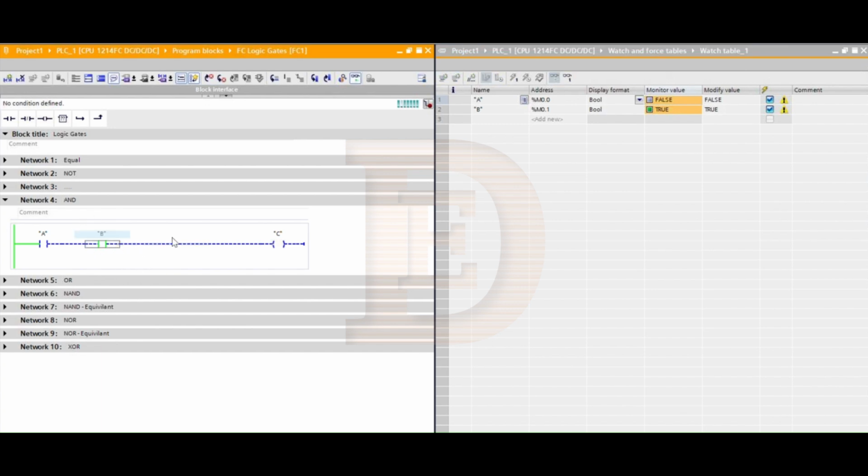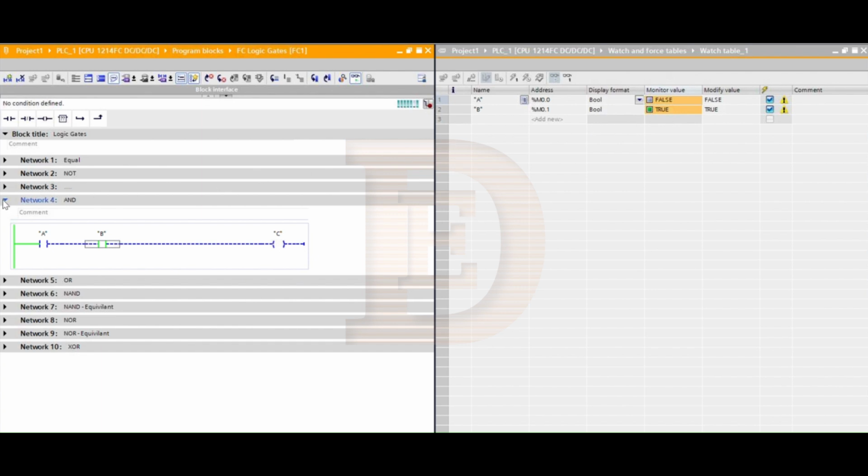If B is on, whatever B can be, if A is off, C is off. So I cannot have only A, I cannot have only B, I need to have A and B on for the C here to be on.